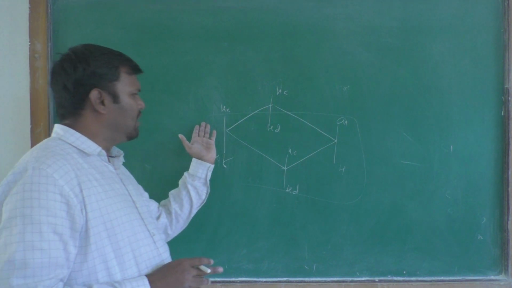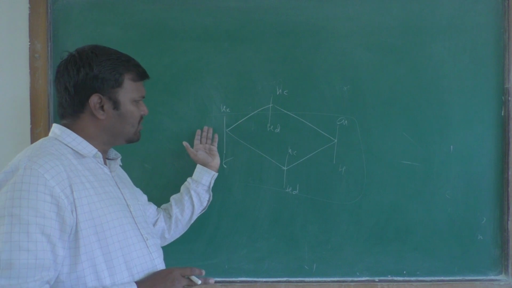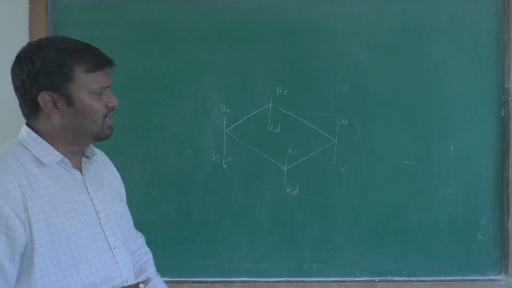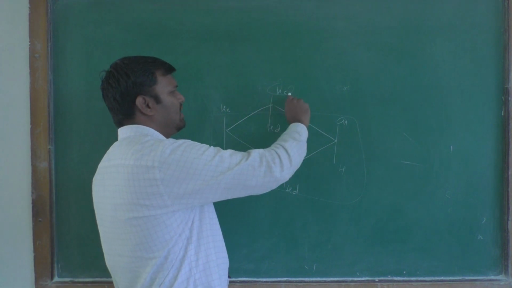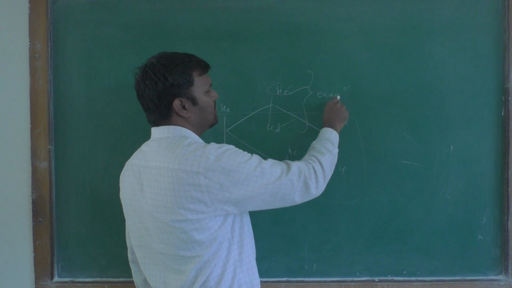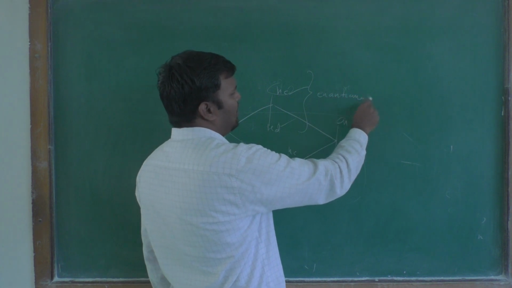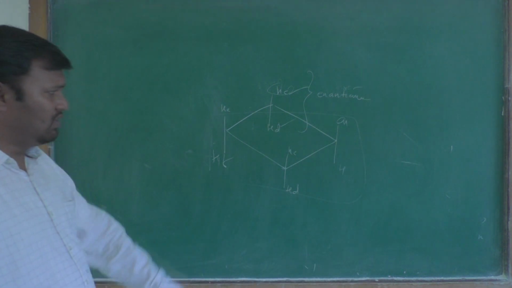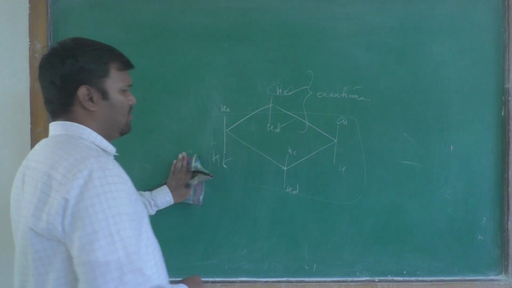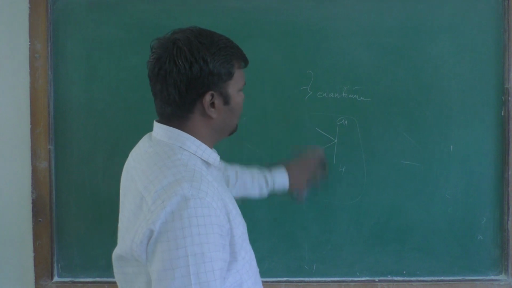Or you pass the plane like that, this gets reflected. Therefore in this case HC and HD are considered enantiomers. Such a compound is there, and HC and HD are enantiotopic protons.